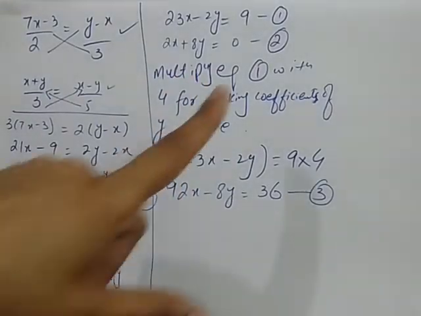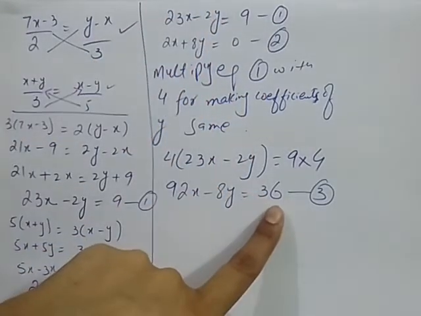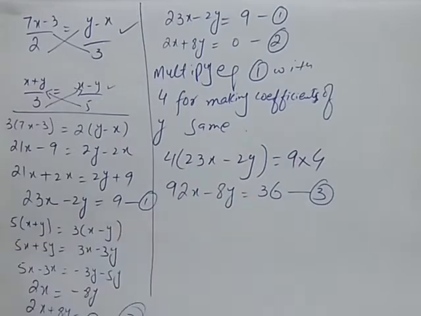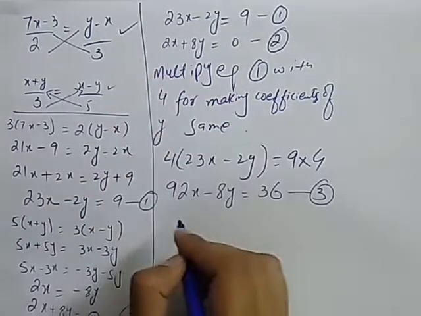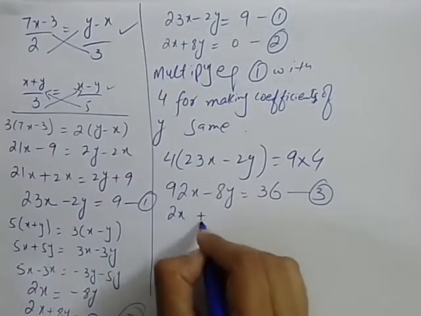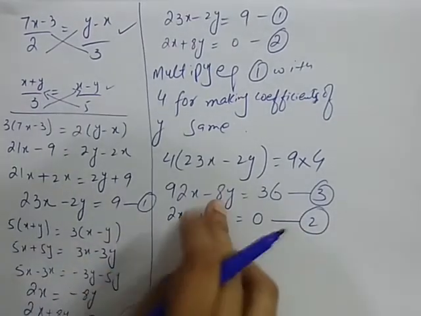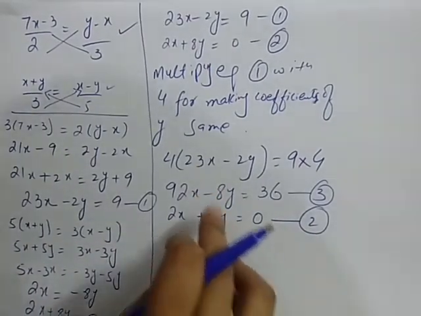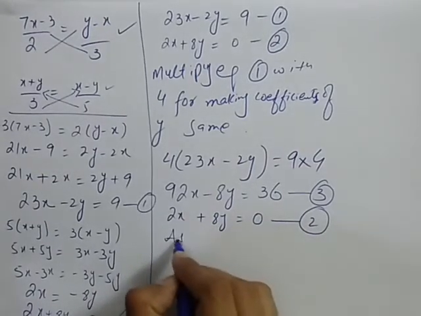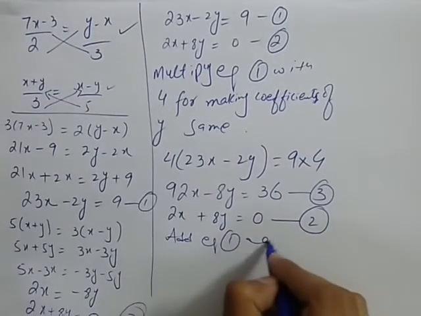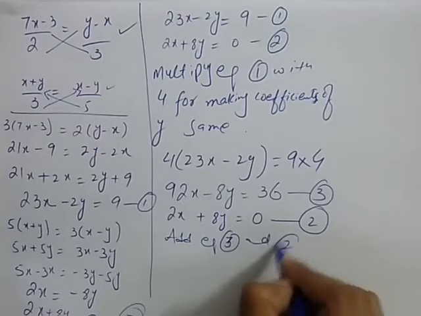As we converted equation number 1, it means we have to solve equation number 2 and equation number 3. So I am going to write here 2x plus 8y is equal to 0. That was equation number 2. Now both signs are different, so it is easy for me to add them. So add equation number 3 and 2.